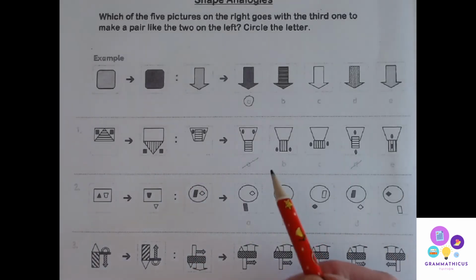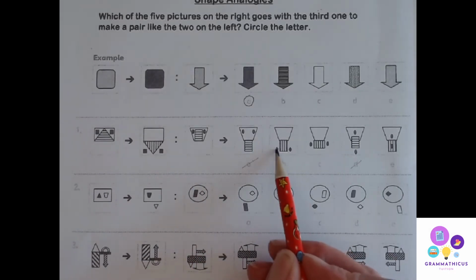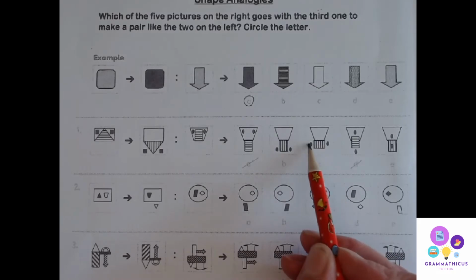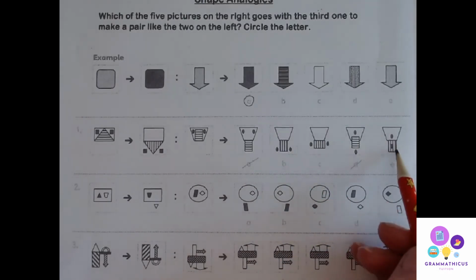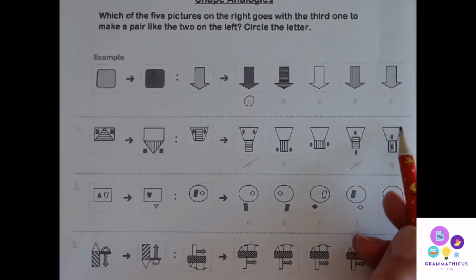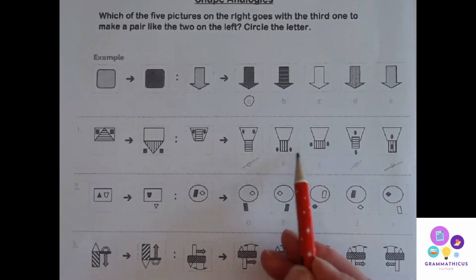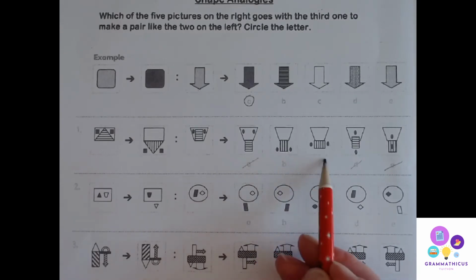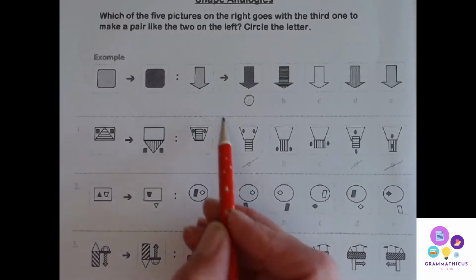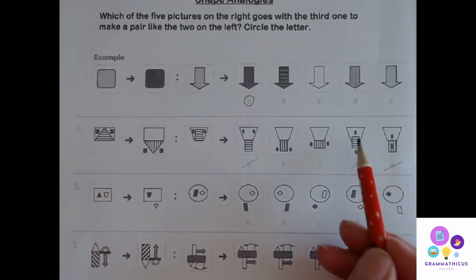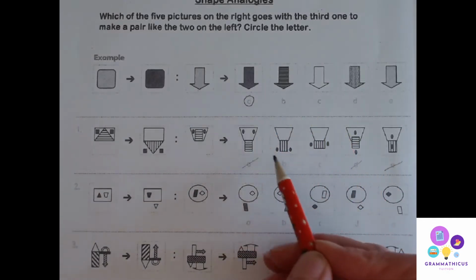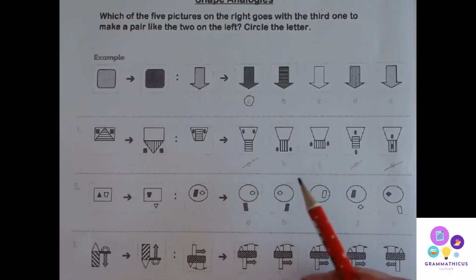So if we look over here, we've got those two ovals here, the two ovals here, but here we've got one inside the stripe shape and one inside the trapezium at the top, so we can get rid of that one. So it comes down to these two shapes now, and it's often quite a good idea, rather than trying to spot other things happening in here, to look over here first and see if you can spot the difference between the two that are remaining.